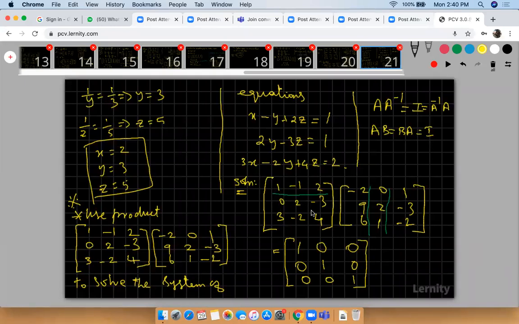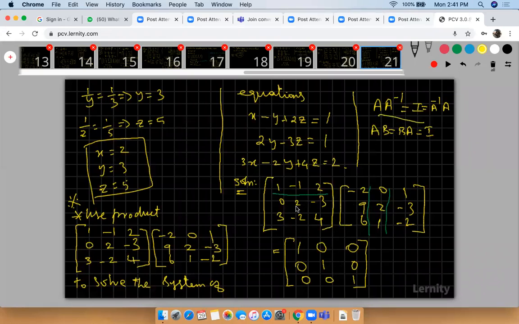Similarly, these two matrix multiplications being identity means this matrix is the inverse of that matrix. No need to find the inverse of anything, because if you take this as A, this is your A inverse, since the multiplication is identity. Based on this result, we can conclude that.